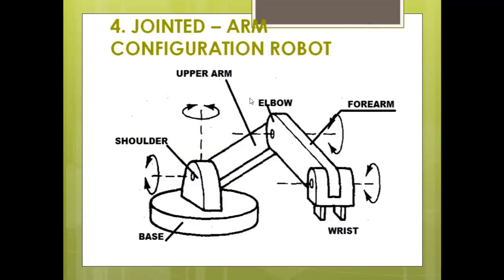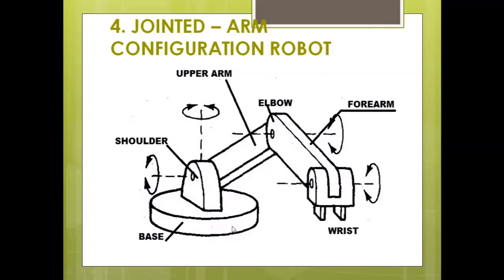Next, a very important configuration is the jointed arm configuration robot. This is the same as our arm. I think many of you have seen the JCB earth moving equipment. This is similar to the JCB.